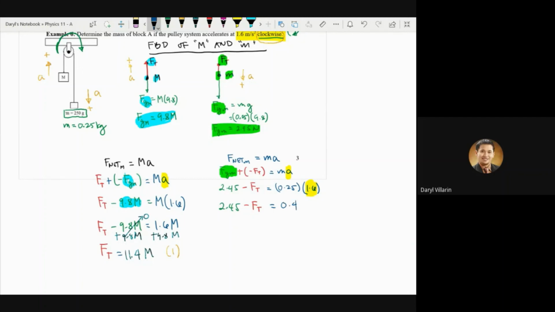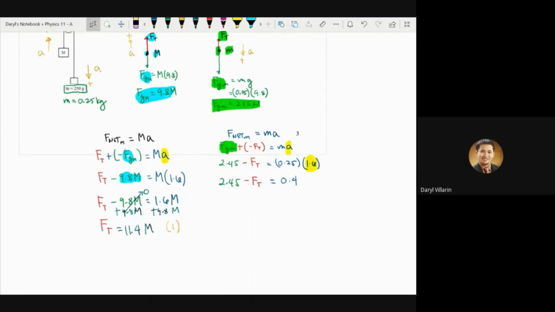And if you can see here, actually I can solve for the value of my Ft. So I'm just going to subtract both sides by 2.45.